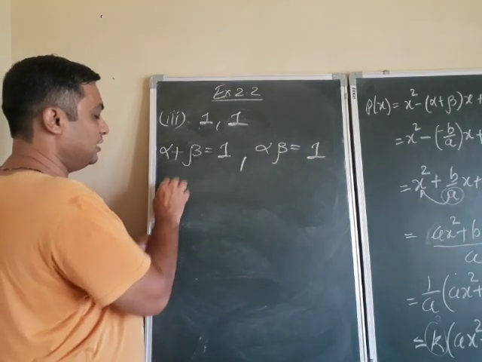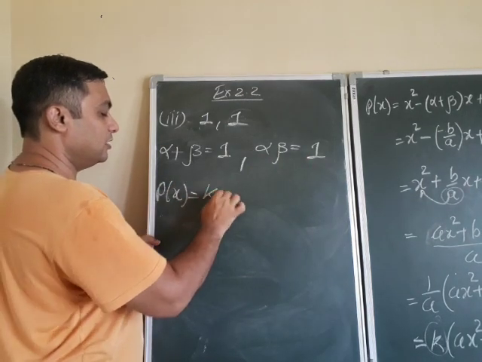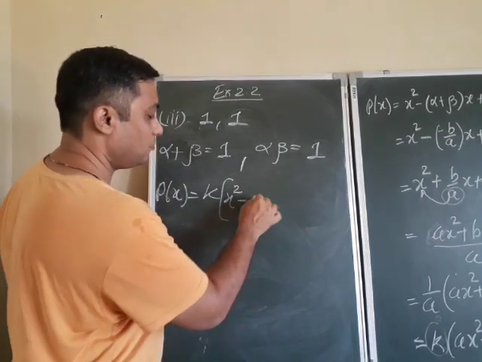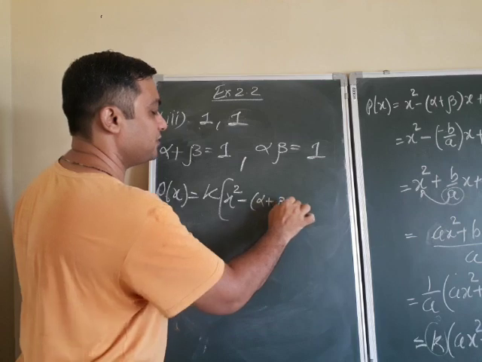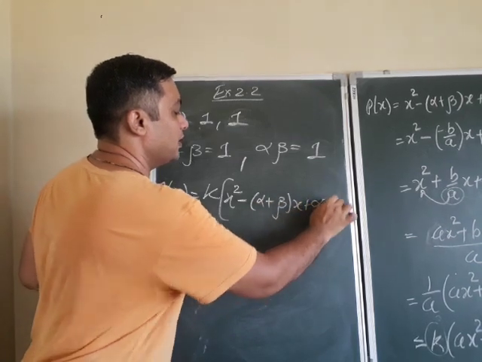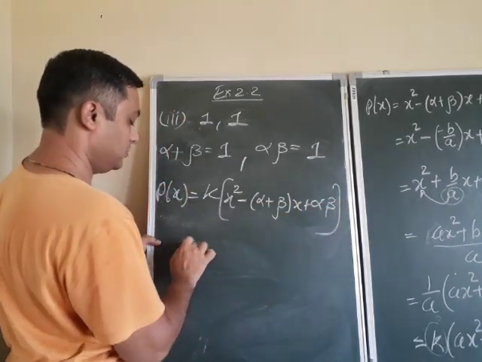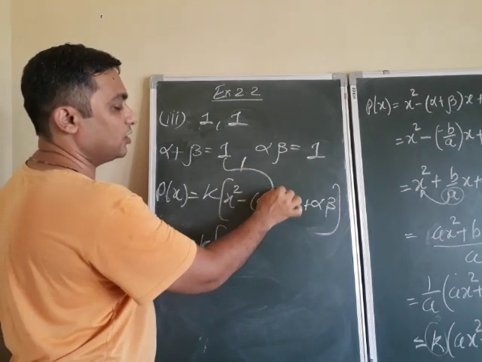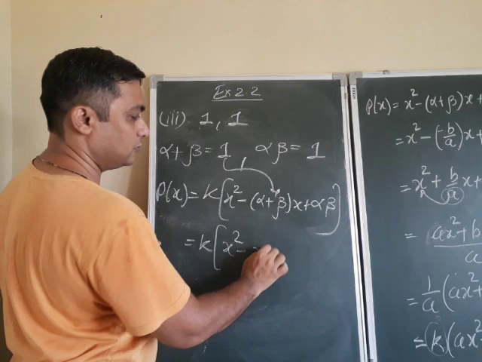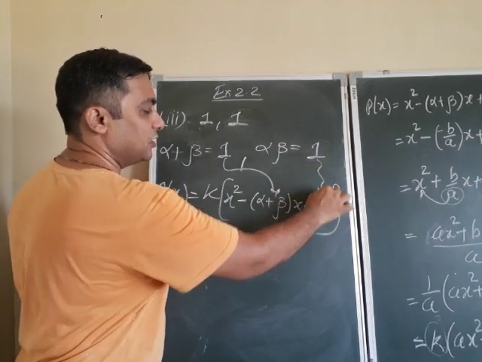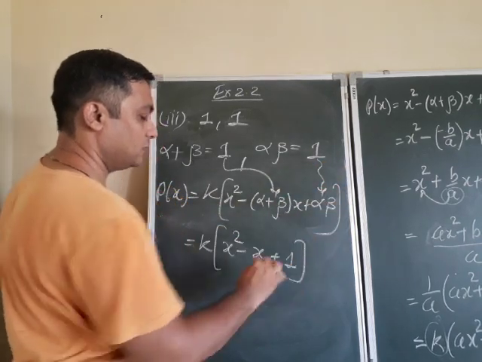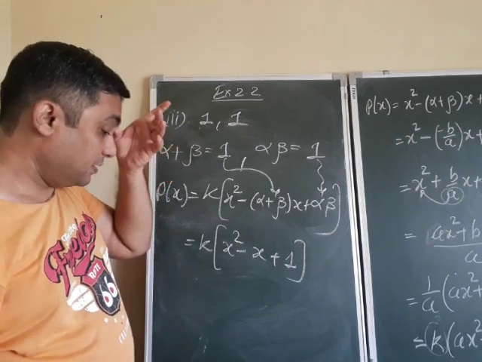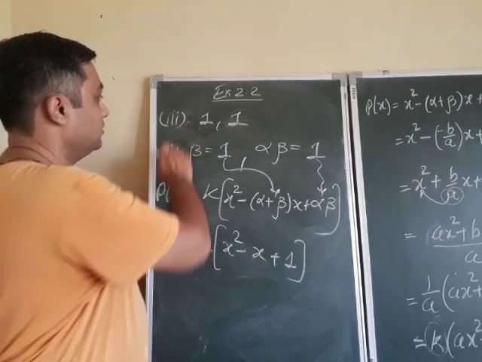So your polynomial p of x is equal to k in bracket x square minus alpha plus beta into x plus alpha into beta, which is k in bracket x square, alpha plus beta is 1 into x, and alpha into beta is 1, so it is 1 over. Okay, this is the fourth one.